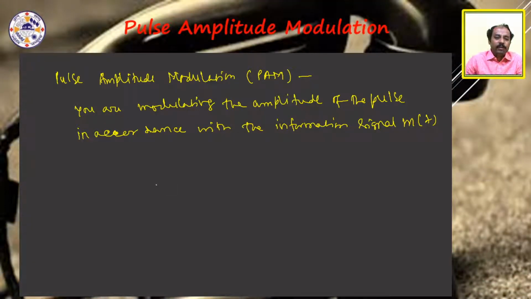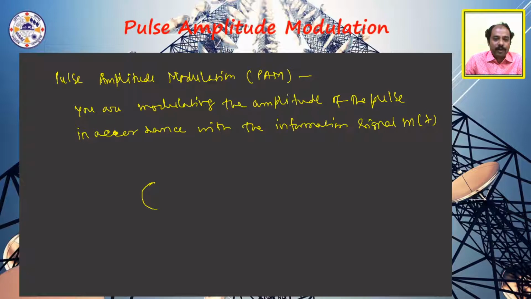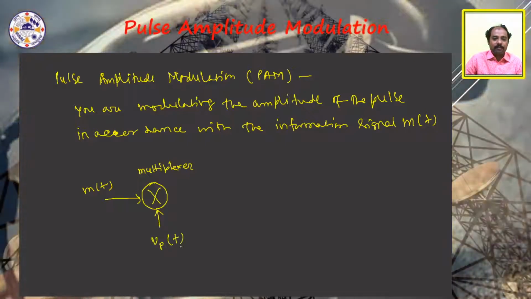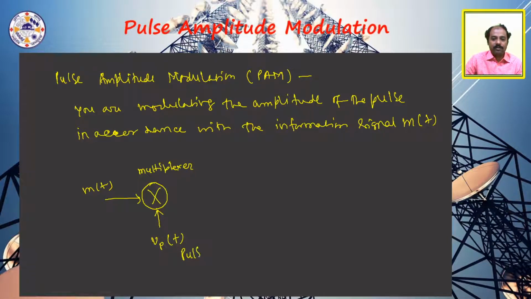Now in principle, that is theoretically, we can get a pulse amplitude modulated wave very easily. Say this is a multiplexer, and we are applying here the information signal, and here we are applying the pulse wave. This is the pulse wave and this is the information.